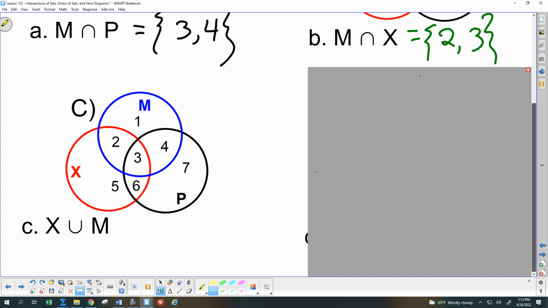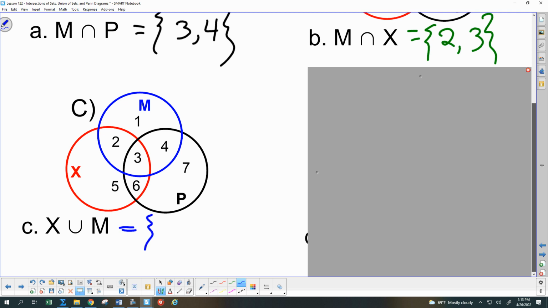Okay, what about this? Intersection or union, everybody? Is that the overlap again? That's everything put together, but it's just the M and the X circles put together, not the P one in there. JC, can you please help us? What would we have if we wanted to put just the M and the X circles together?